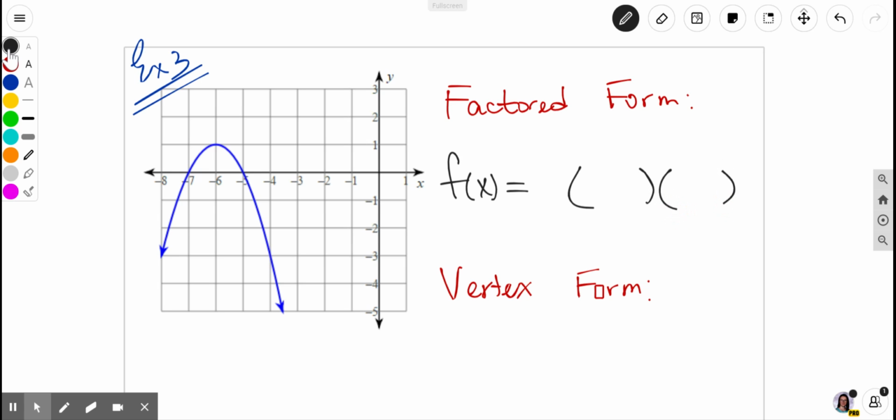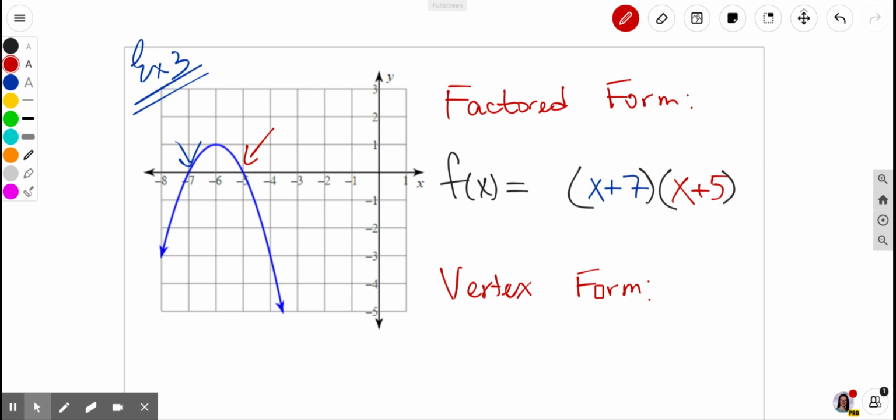So let's say that your 0 is negative 7. That means that x plus 7 had to be one of your factors. Let's say x minus 5 is one of your zeros. That means that x plus 5 was one of your other factors.